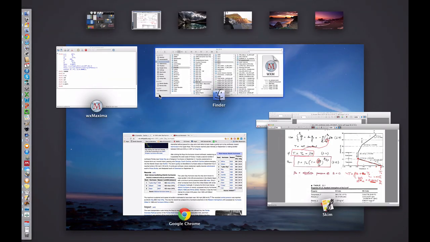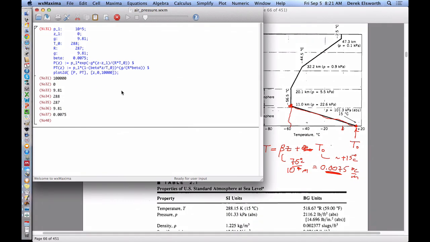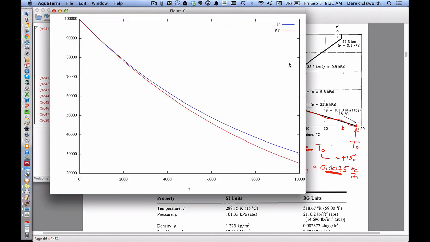Okay, if we do that, we can do it very quickly. This is just a little piece of code to do that. Let's do this. I think it will work. And you see that if you look at the pressure change with elevation, this is elevation on the bottom, 0 elevation, 10,000 meters.